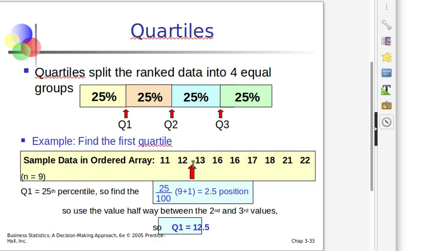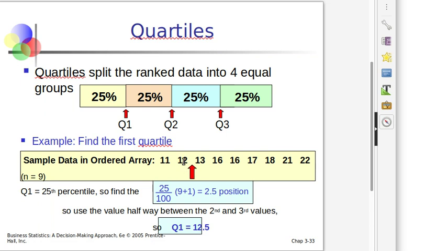So here in this sorted array, the 2.5 position is after this one. 1, 2, and 2.5 is somewhere in between here. So use the value halfway between the second and the third values.